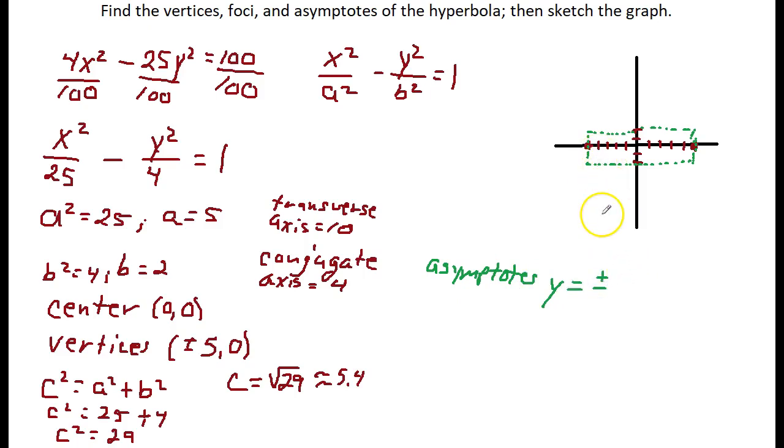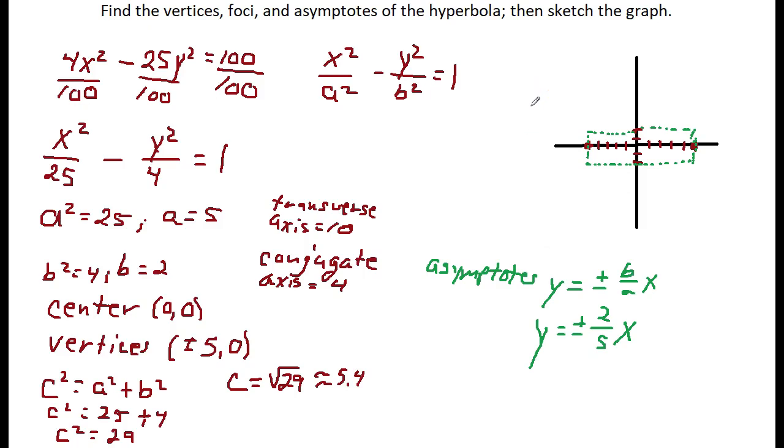Now my vertical is B, so B over A times X. Now, B is 2, A is 5, so y equals plus or minus 2/5 X. So that means my rise and my run is 2/5. I have both a line with a positive slope and a line with a negative slope.